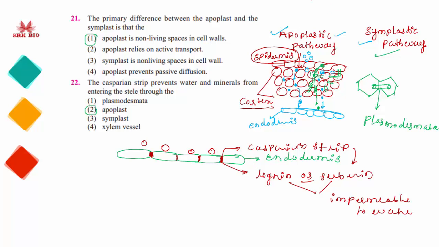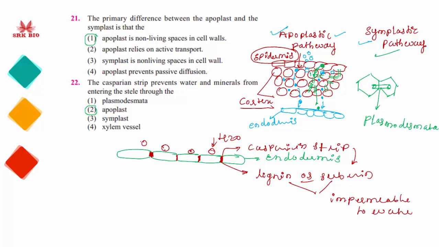Through which pathway? Let us assume this is the water molecule and it has reached the endodermis through the apoplastic pathway. But once the water molecules reach the endodermis, they cannot follow the apoplastic pathway because intercellular spaces are absent.